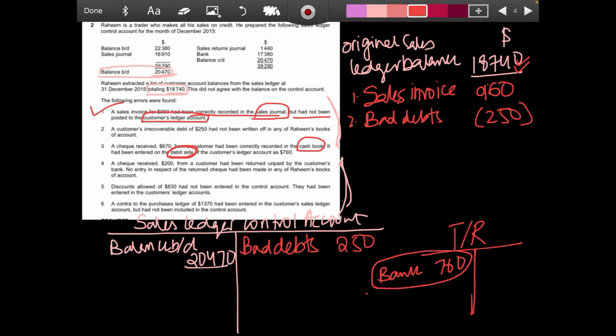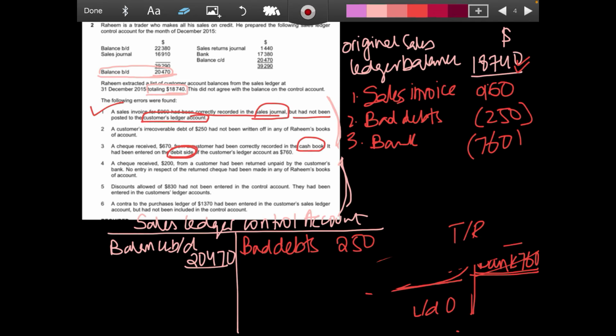So we have to cancel this entry by recording it on the opposite side to nullify the effect. The first thing to correct this entry is to nullify the effect of the 760 which was mentioned on the wrong side.